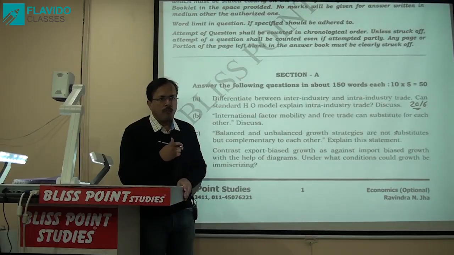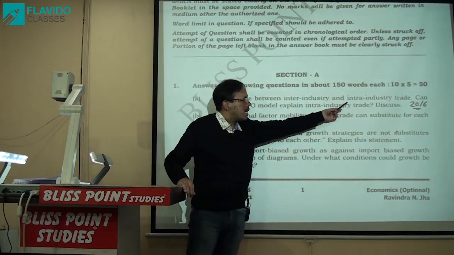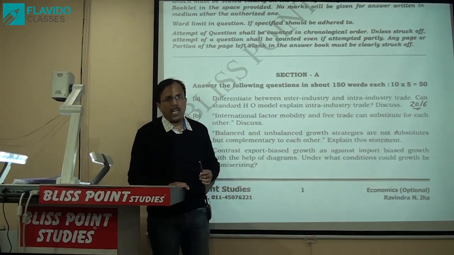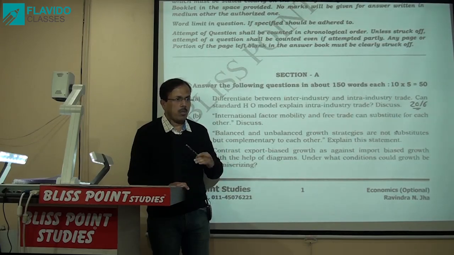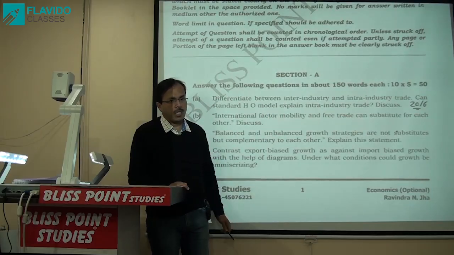So trade of cloth for cloth will be referred to as intra-industry trade. And if the home country is exporting cloth and in exchange buying food or importing food, then it will be referred to as inter-industry trade.